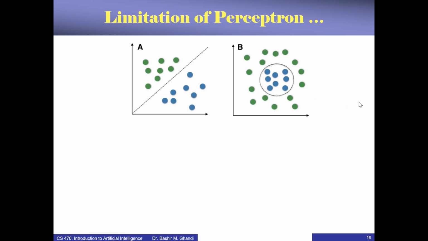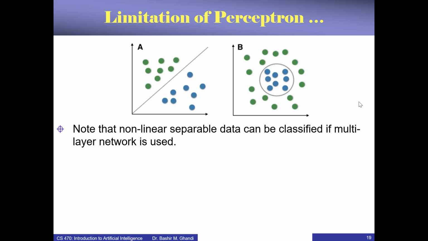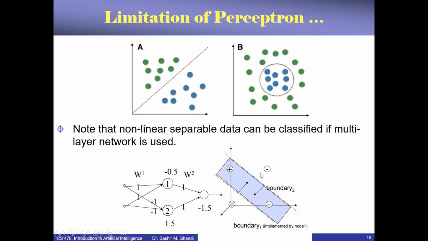If we have data that is not linearly separable, the only way we can classify it is by using a multi-layer network. For example, the XOR, if we just introduce one additional layer, which is the hidden layer, we will see that it will be able to separate the two.